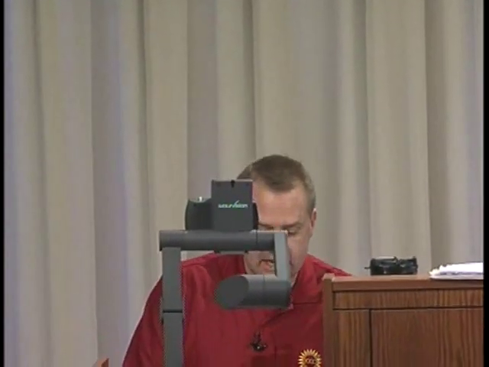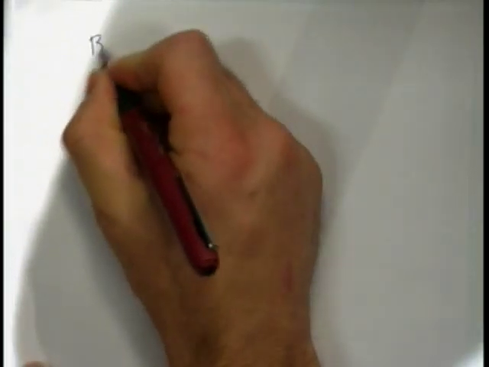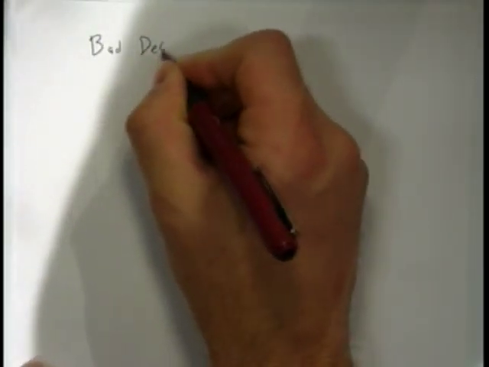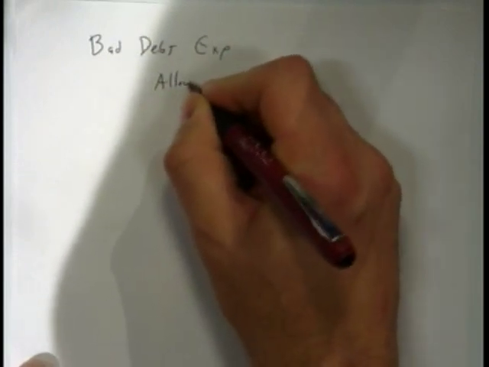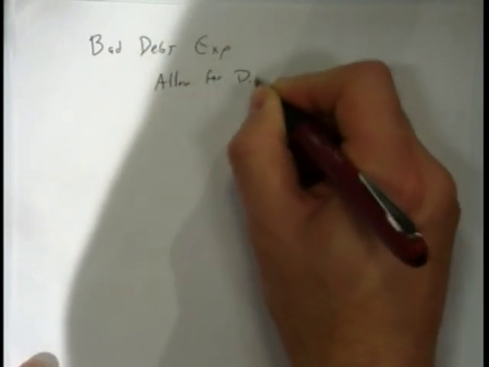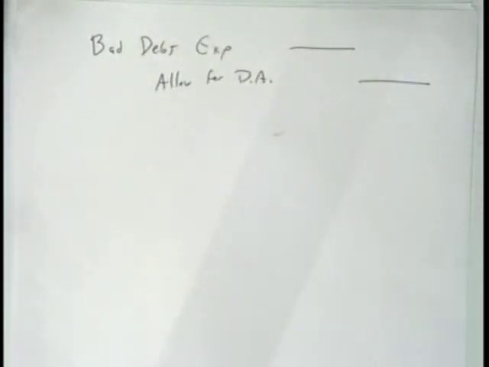Let's take a look at how this would look. We know the journal entry is a debit to bad debt expense and a credit to allowance for doubtful accounts. We just need to know what goes in the blank.